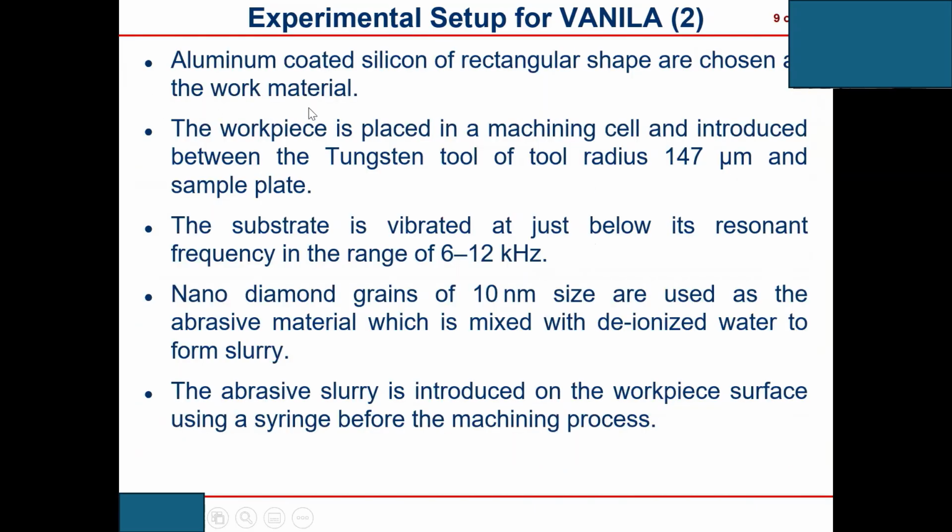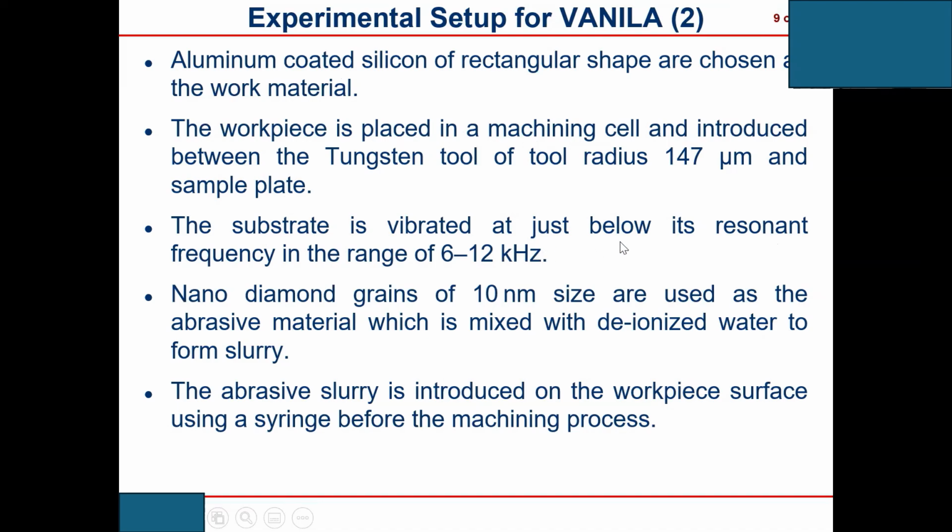In this experimental setup, an aluminum-coated silicon wafer of rectangular shape is chosen as the workpiece. The workpiece is placed in a machining cell between the tungsten tool, with a tool tip radius of 147 micrometers, and a sample plate. The substrate is vibrated just below its resonant frequency, in the range of 60 to 12 kilohertz.